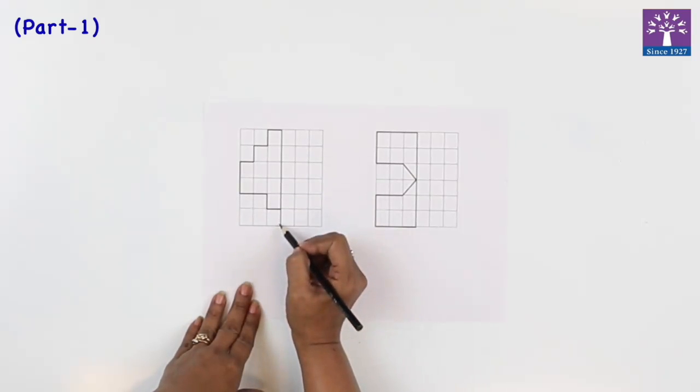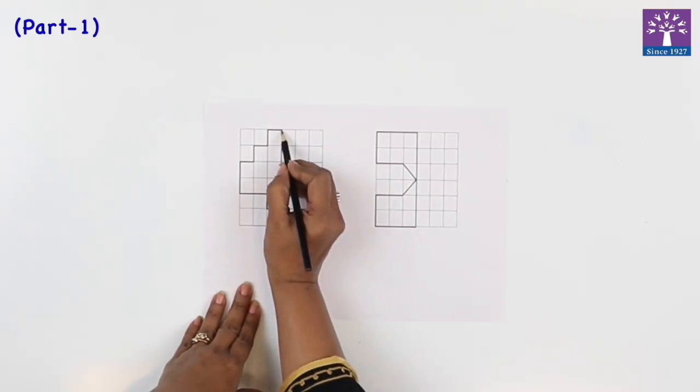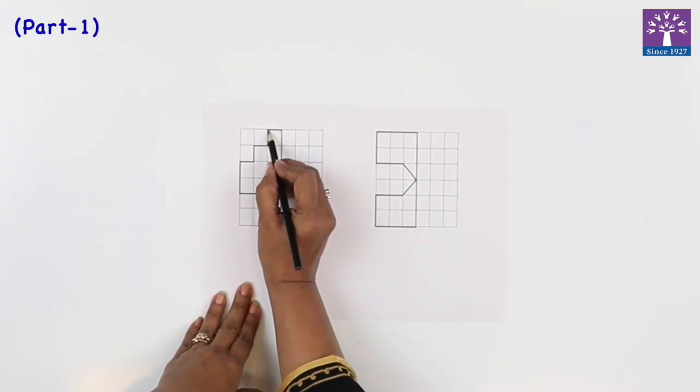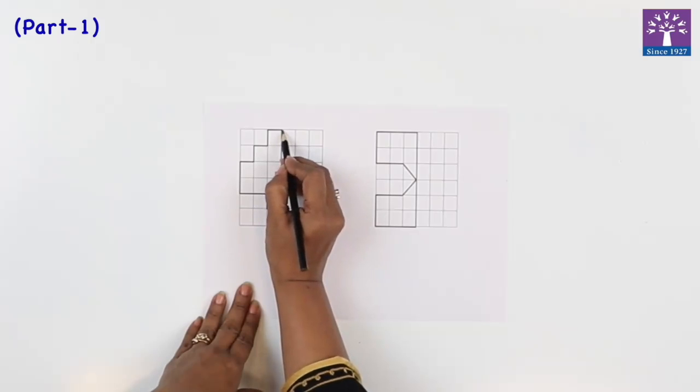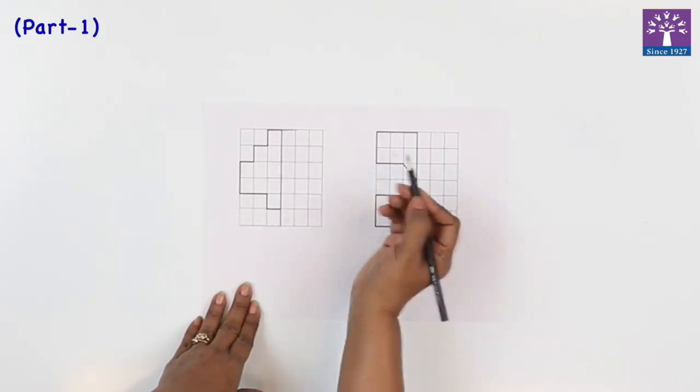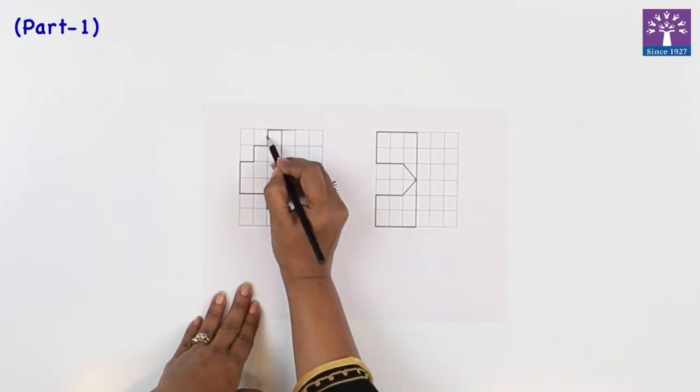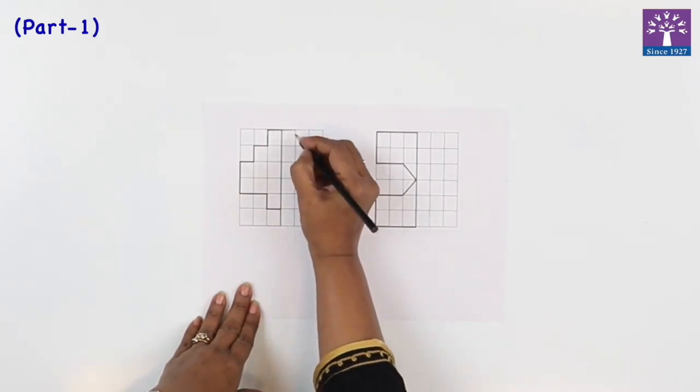Now this is the center line. You can see on the left hand side there is a horizontal line on the first square. So let's draw the same horizontal line on the right hand side. Then there is a standing line.